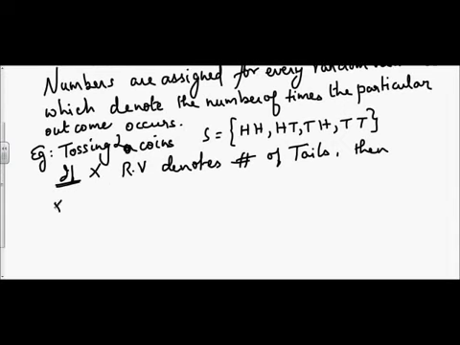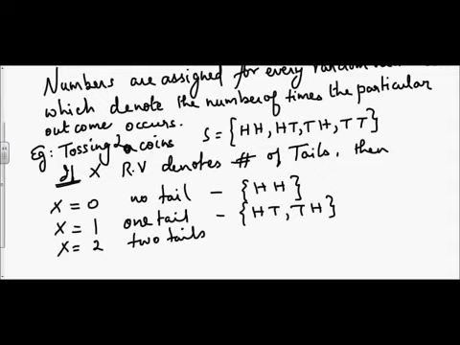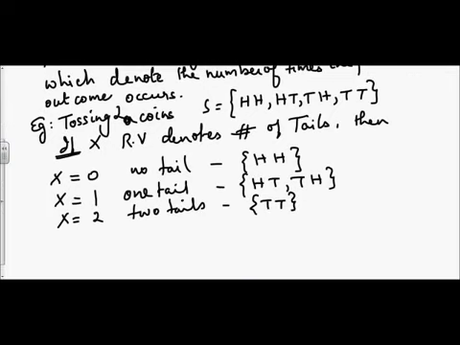X values can be 0, which means no tail, and which gives you just the HH option. And X can take the value of 1, which means one tail, right? And this can have two outcomes, TH and HT. I can assign the value 2 for X, which means two tails, and the outcome would be TT, only one outcome, TT. I cannot have X equal to 3 because there are no three tails possible in this case.